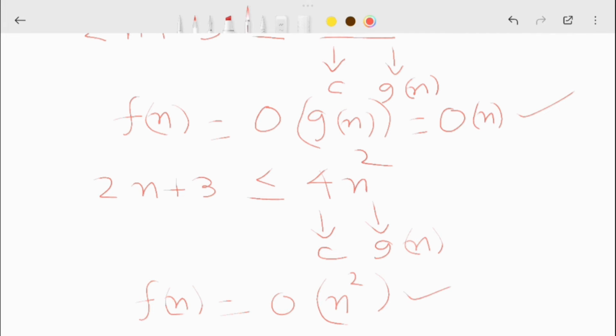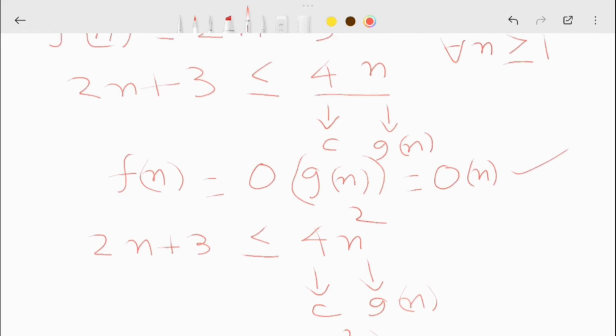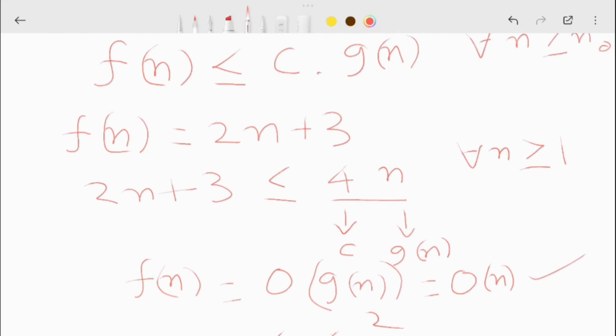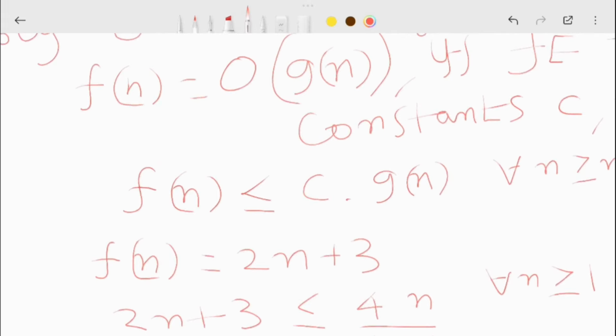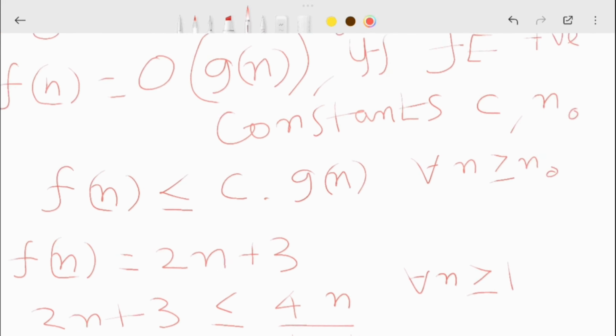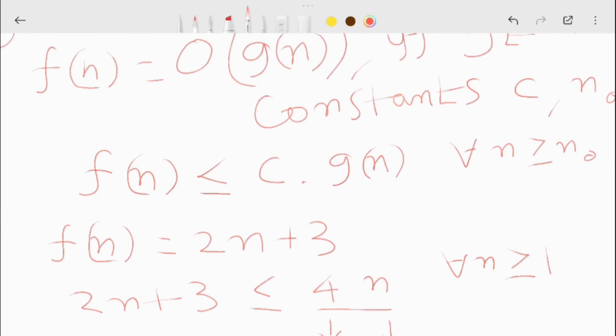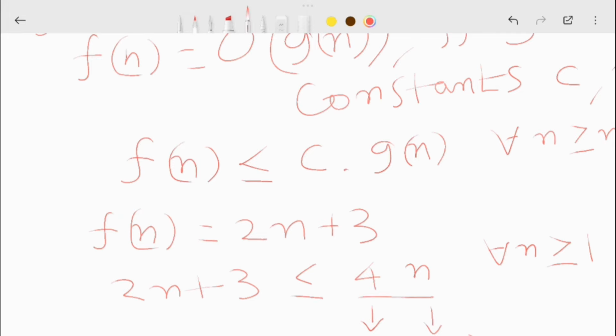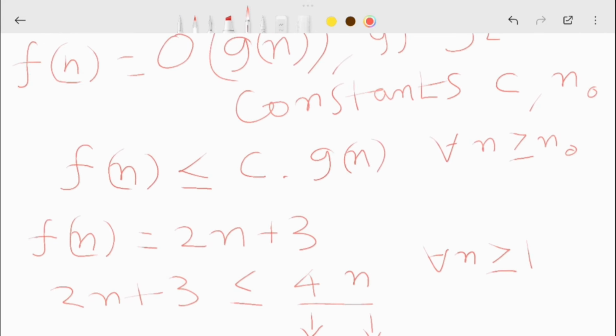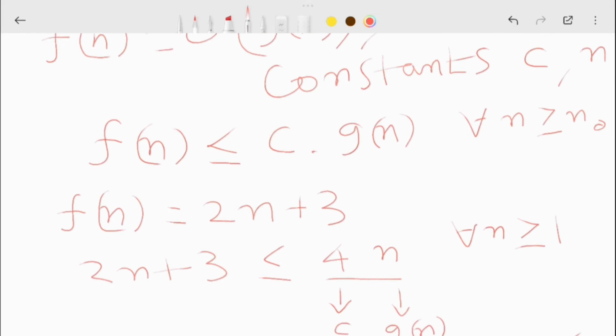So the upper bound, the maximum time it can take, is n. It can also take n square. Okay, so this is the big O notation. A function can be represented as big O of g of n if and only if there exist constants c and n0 where f of n is less than or equal to c into g of n for all n greater than or equal to n0.